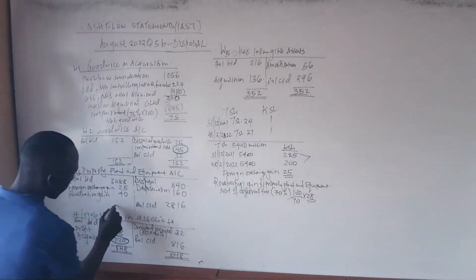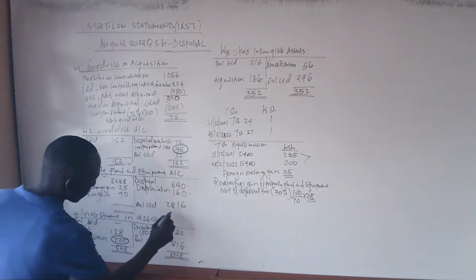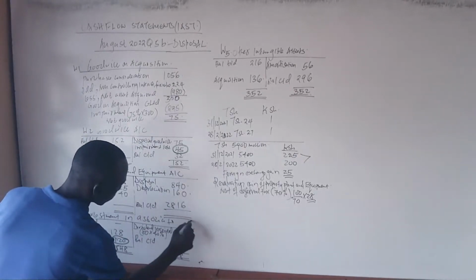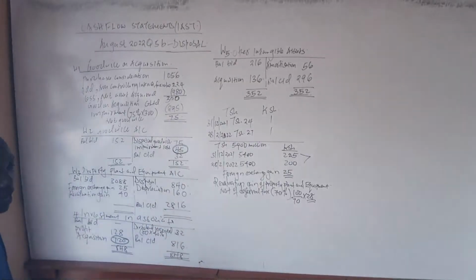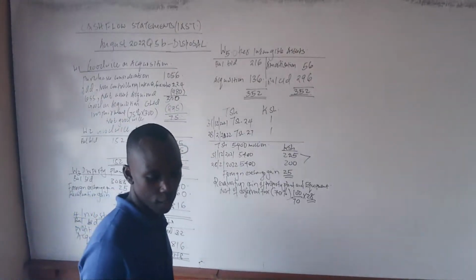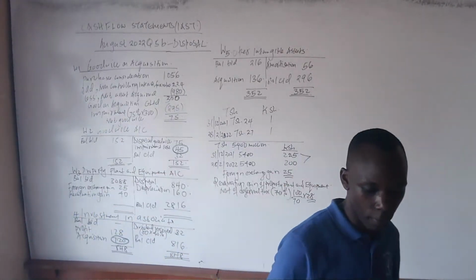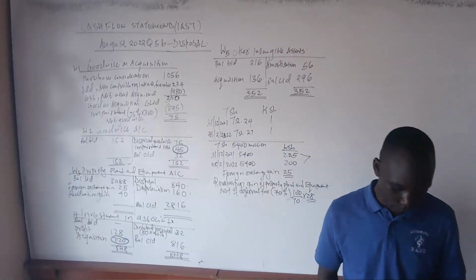Then from there, I think everything is there. Now we can add this and give me the total, and then we see whether we acquired new property, plant, and equipment.